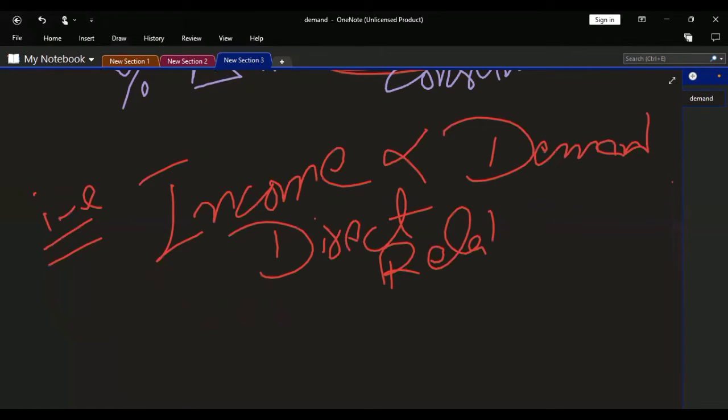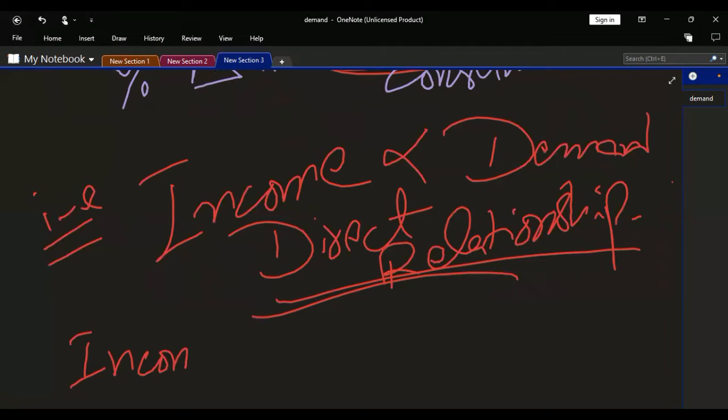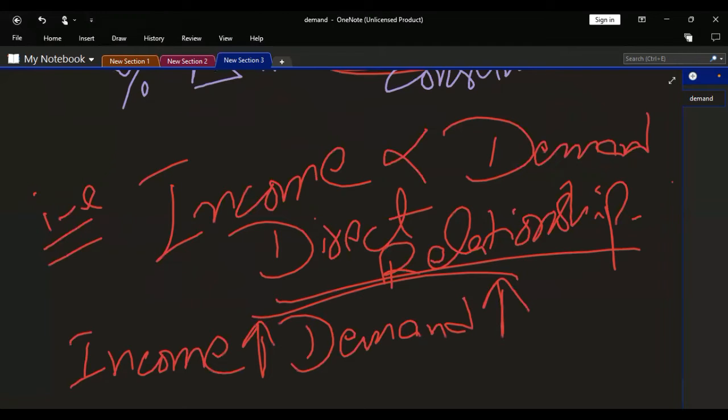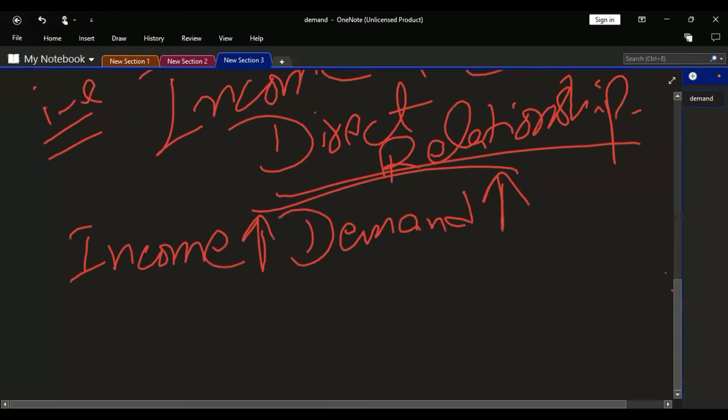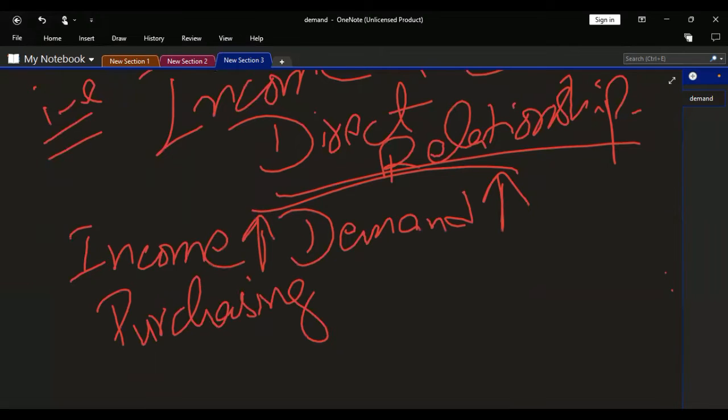Means if income increases, its demand also increases, because the purchasing power of the consumer also increases and he purchases more of that quantity due to increased purchasing power or its ability to purchase them at different price levels.